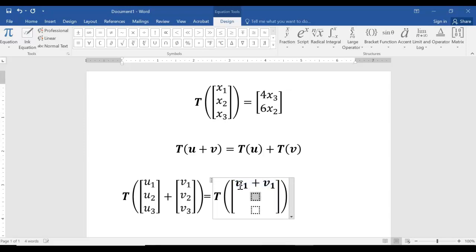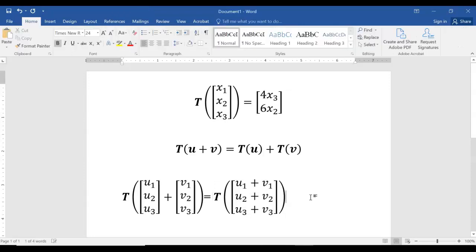The second entry is the number u2 plus the number v2. The third entry is the number u3 plus the number v3. Those are just real numbers, so we're not going to bold those.